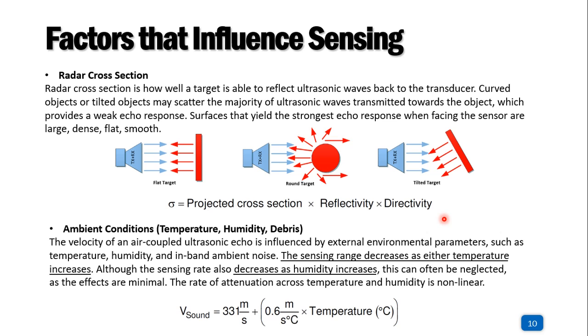Although the sensing range also decreases as the humidity increases, this can be neglected because the effects are minimal. The rate of attenuation across temperature and humidity is not linear, and one of the ways to compute it is provided here.